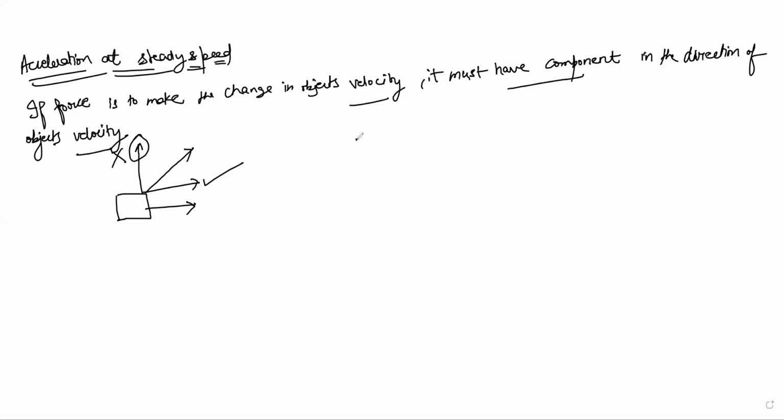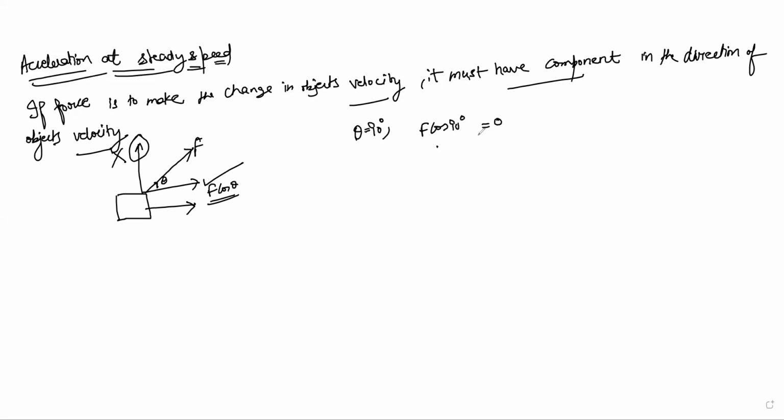How do we find components? If I ask you, this is F, it is acting at an angle theta. So what will be this component? This component will be F cos theta, right? But if theta is 90 degree, force is acting at 90 degree. So what will be the component? F cos 90 degree. And we know that cos 90 degree equals 0.